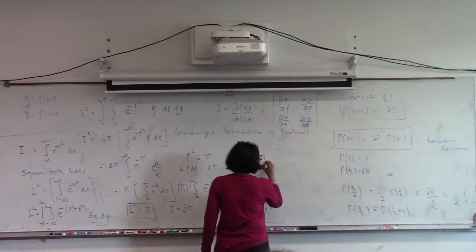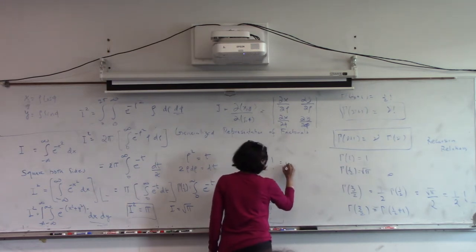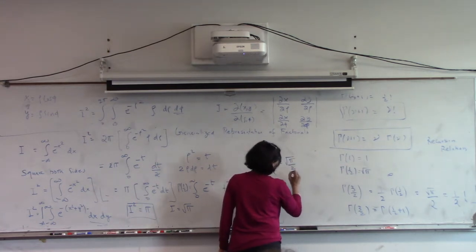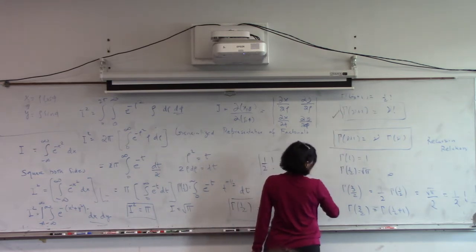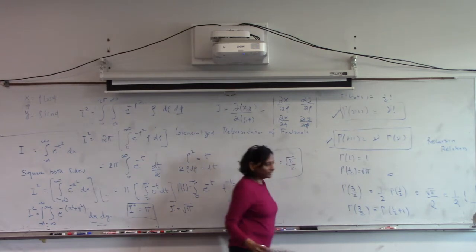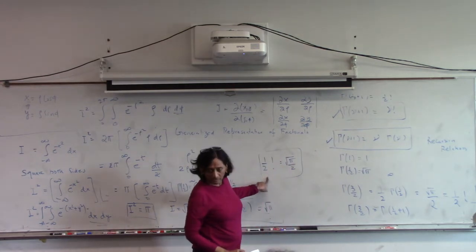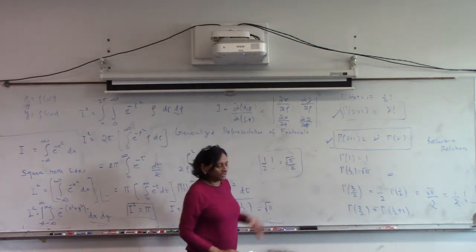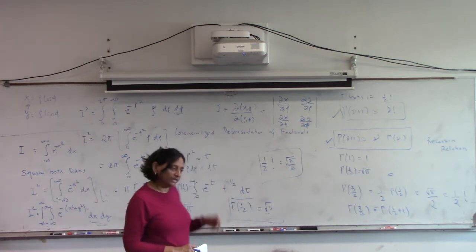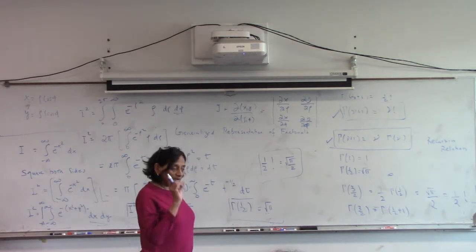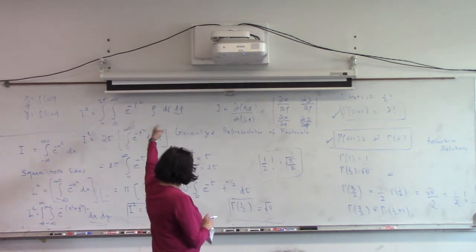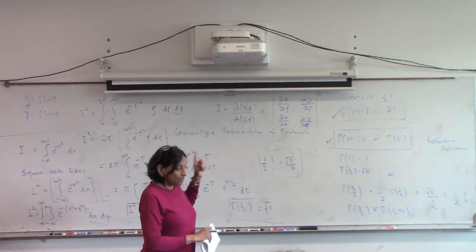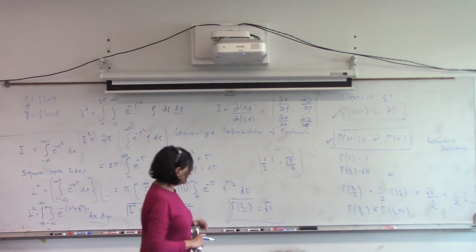Is this clear? In order to do that, you need to know this property as well as that property to calculate. Now you can calculate any fractional factorials or even negative half factorials. Gamma of a negative integer doesn't exist because of the definition of the gamma function. But negative half factorial we can calculate.